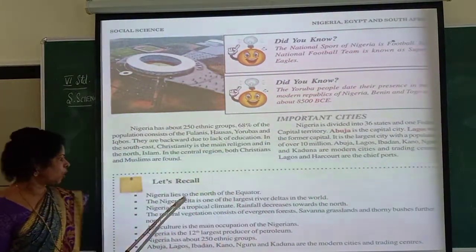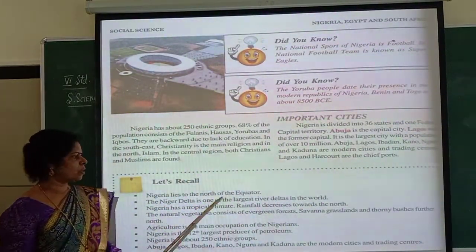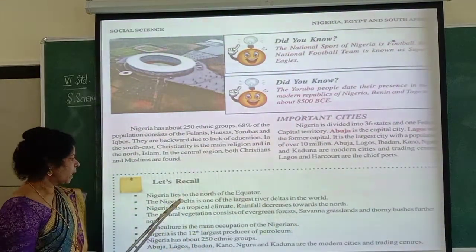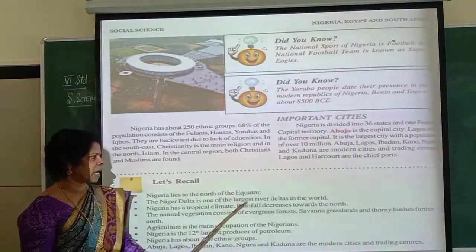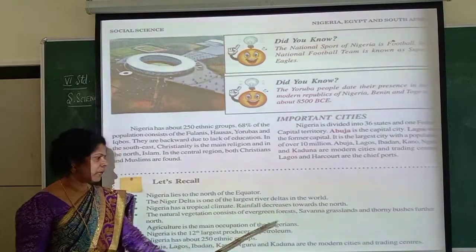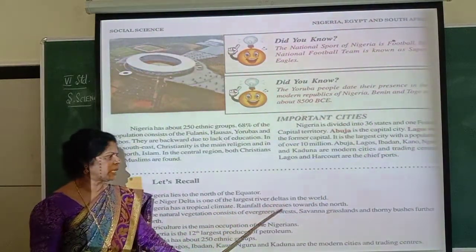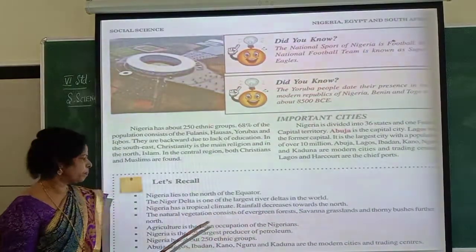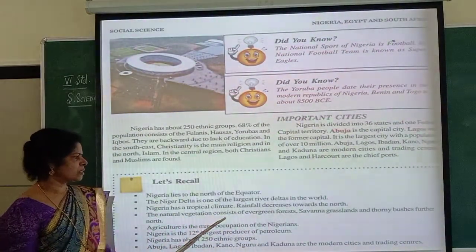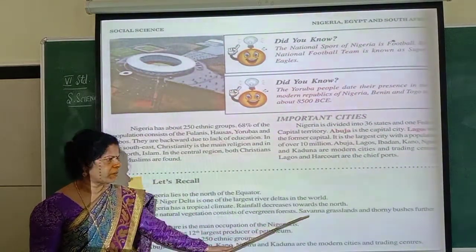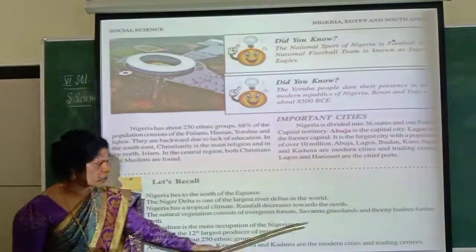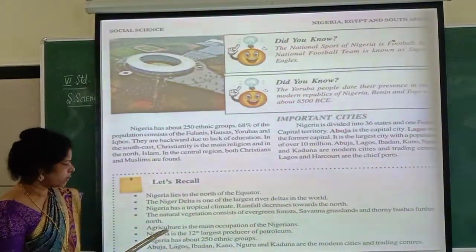Now let us recall, Nigeria lies to the north of the equator. The Niger Delta is one of the largest river deltas in the world. Nigeria has a tropical climate. Rainfall decreases towards the north. The natural vegetation consists of evergreen forests, savanna grassland and thorny bushes further north.